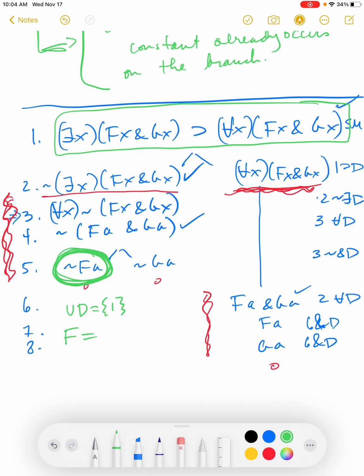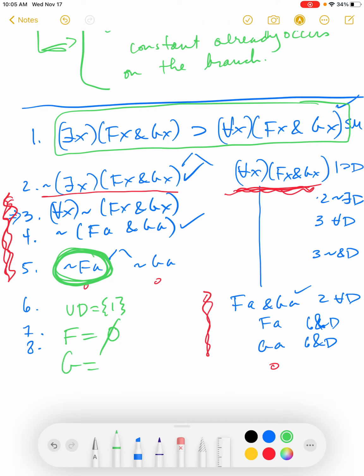Well, if that's the only thing in the universe and we don't put it in the extension of F, then the extension of F is empty. Now, we don't have anything about A being in or out of G on the left-hand side, so we can do whatever we like.